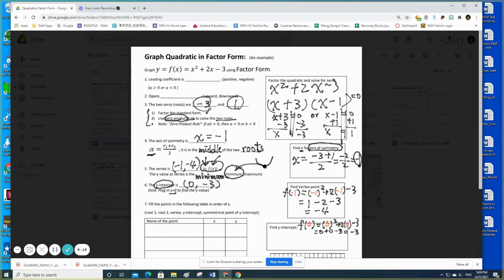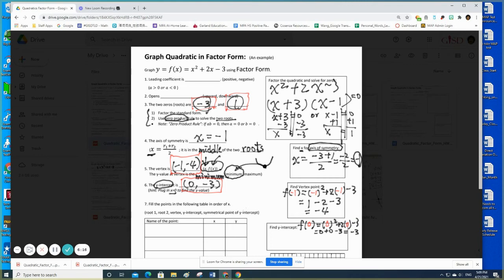Now we have 3 very important points. That's the 2 roots and the vertex. Oh, sorry, it's 4 important points now with this y-intercept. So these are the 4 very important points so far.